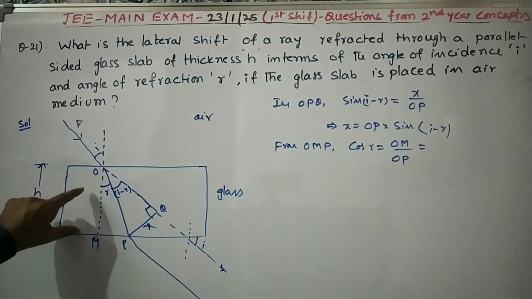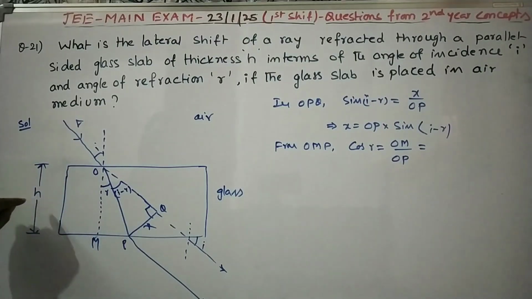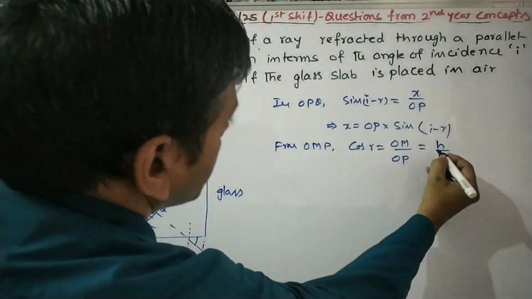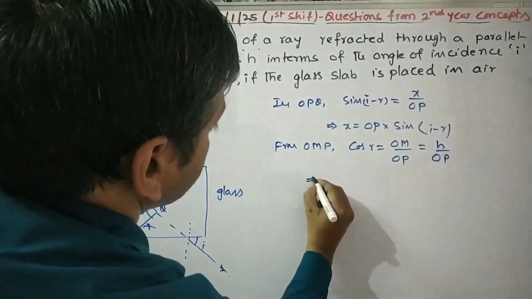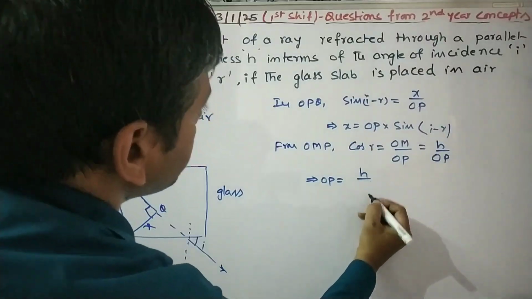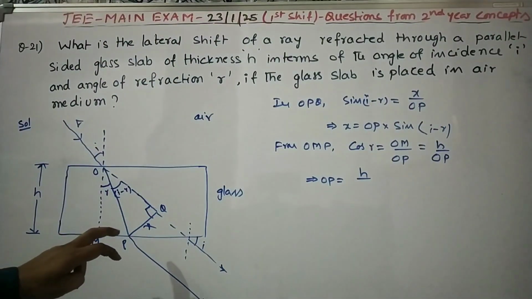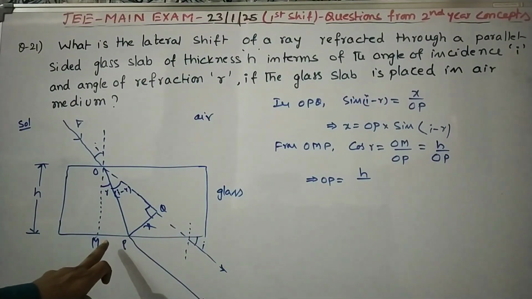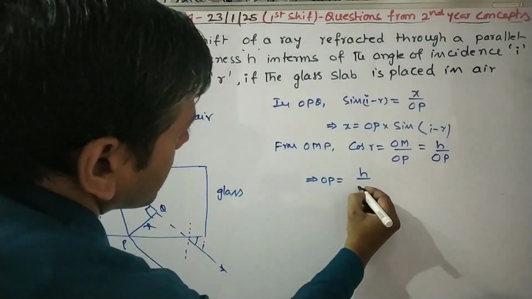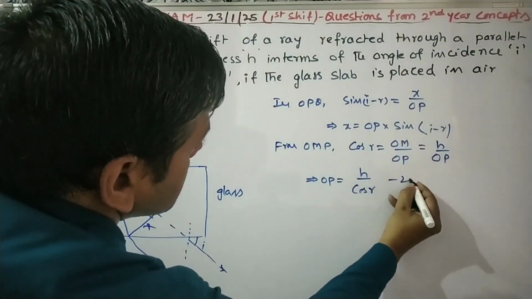But you know OM is the thickness of the glass slab, which is equal to h. So we write h by OP. That implies OP is equal to h by cos r. Isn't it? H by cos r. So this is equation 2.